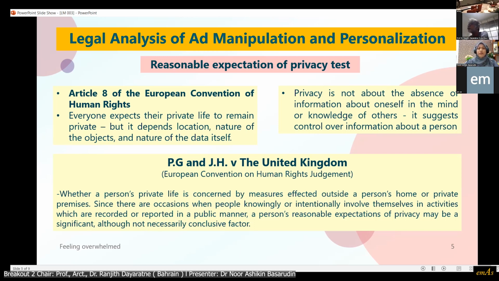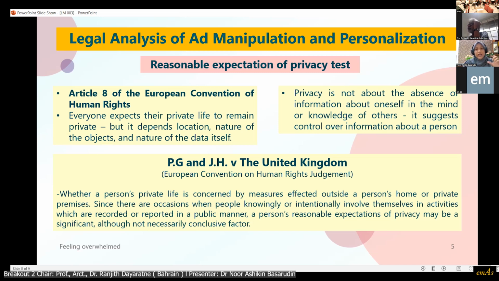So in other words, when we relate this back to the study on personalized advertising, our personal data, which includes our behavior, our routine, and our preferences, is gathered online. So in other words, you cannot expect privacy online. So it sounds unfair. But here, the idea of privacy shouldn't be confined only to the absence of information about oneself in the minds of others.